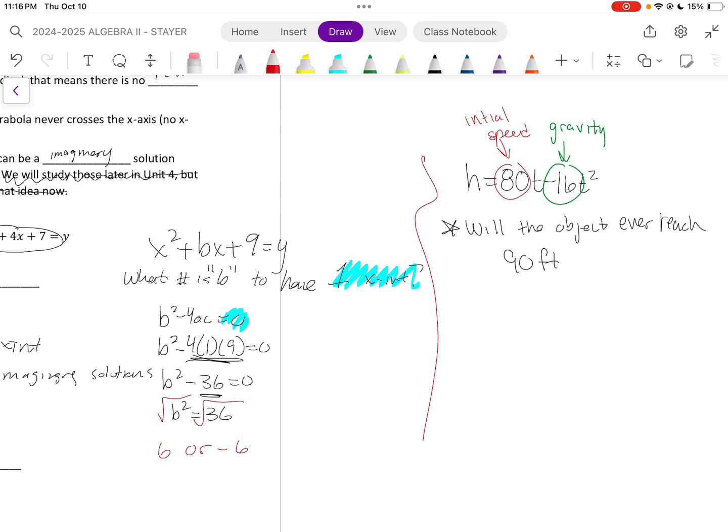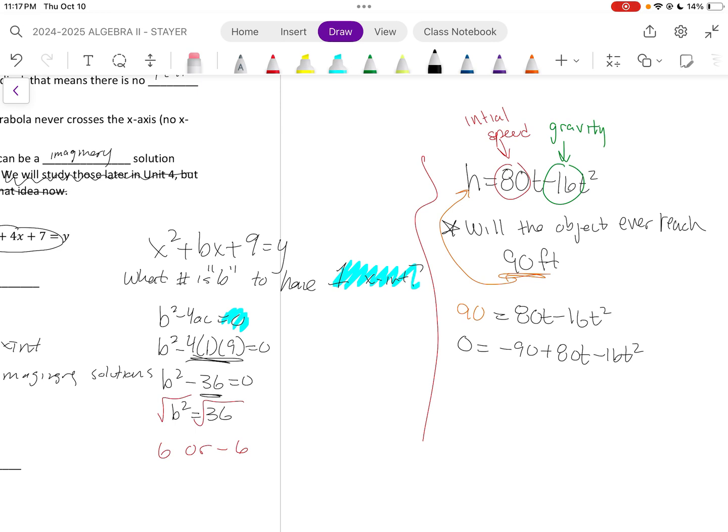So what we could do here, the 90 is a height. So I could go ahead and say 90 equals 80t minus 16t squared. And because everything's not on one side, I'm just going to move the 90 over. And be mindful that things look a little bit backwards here. What I mean by that is usually the squared term is first, but that's just not the case here, right?